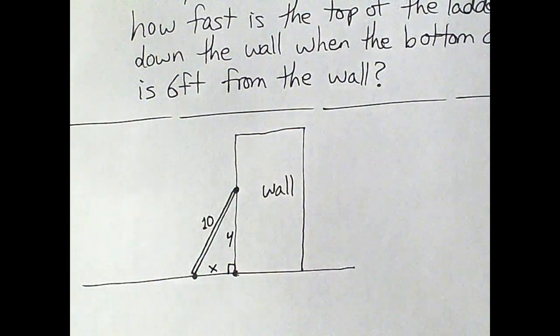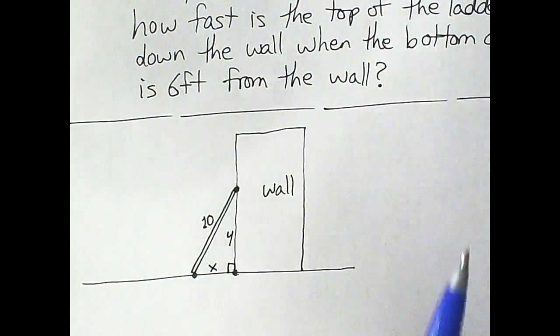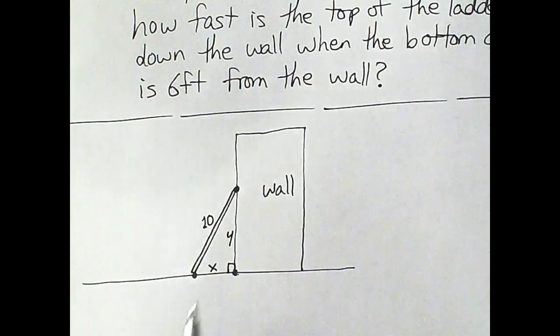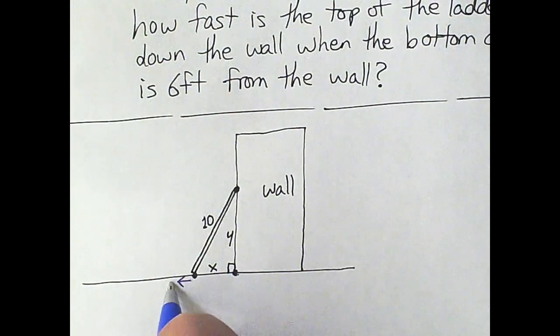Now, what's happening as time passes? As time passes, we are told that the bottom of the ladder is sliding away from the wall. So this point right here is moving in this direction at a rate of 1 foot per second.